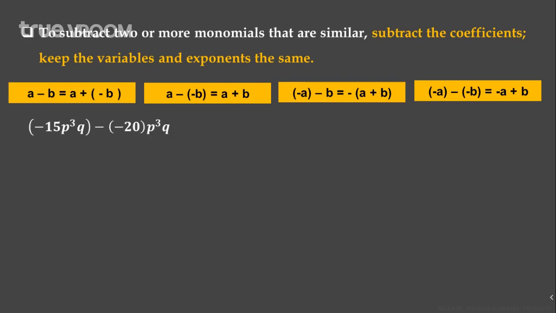Another example. We have negative 15p cubed q minus negative 20p cubed q. So both A and B are negative. So this is rule number 4 here. What do you think will be the next step?